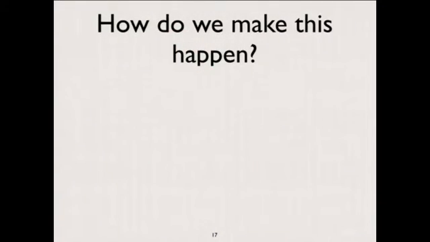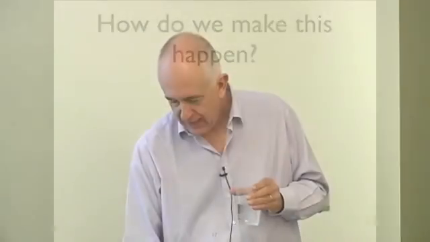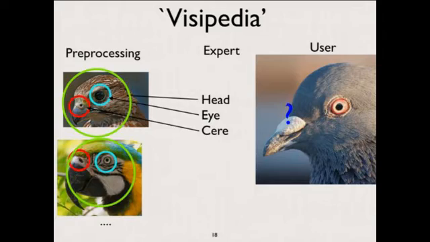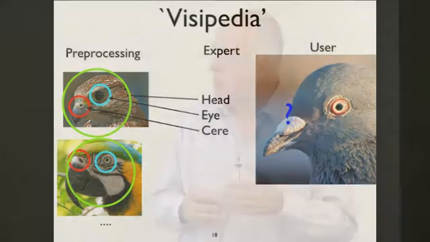And so what needs to be done? And people like us who work in visual recognition know what needs to be done. So what we need to do is allow collections of images to be posted on the web, which is already happening. And then we need, for example, unsupervised learning to figure out all the corresponding parts between these pictures, with maybe a little bit of help from some expert.